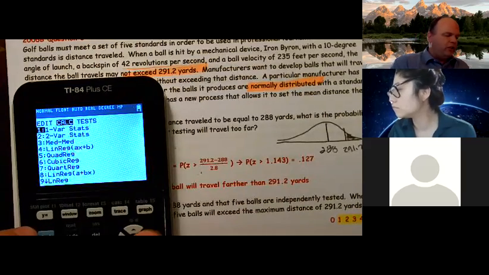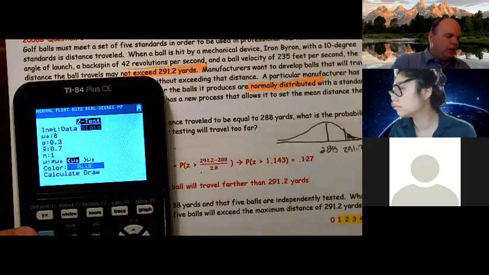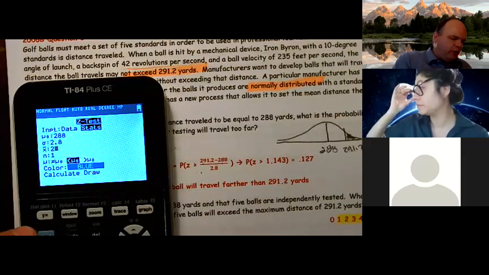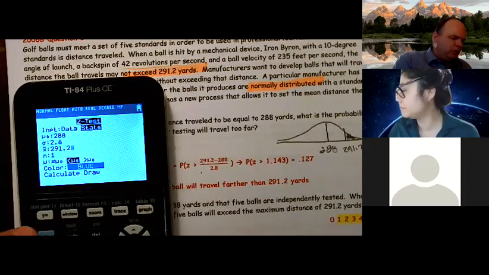So stat test, we can go to Z test. My mean is 288. My standard deviation, in this case, is 2.8. And I want it at 291.2.